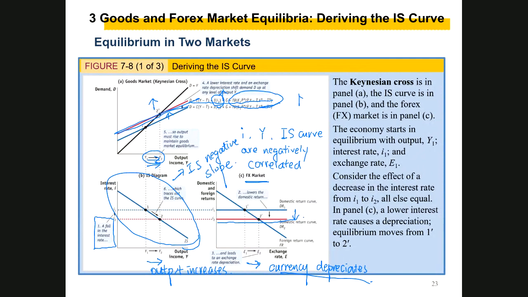Okay, so the linkage should be coming from the IS diagram first, link to the foreign exchange market, go back to the goods market, coming back to the IS. This just wants to show you how we derive our IS curve, a negative slope line on Y-I space.